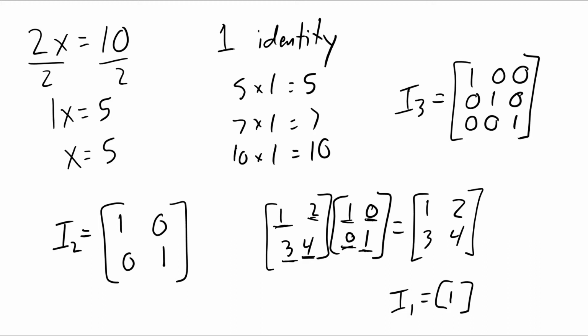And the matrix identity has a very special property. We talked last time that when we multiply two matrices, A times B does not equal B times A. As a general rule, we cannot rearrange the order of multiplication like we can with real numbers. 2 times 5 is the same as 5 times 2, but matrix A times matrix B is not the same as matrix B times matrix A. That is, except in the case of the identity.